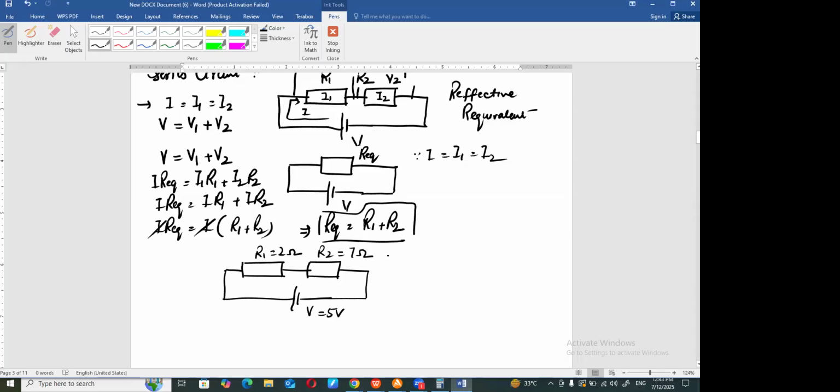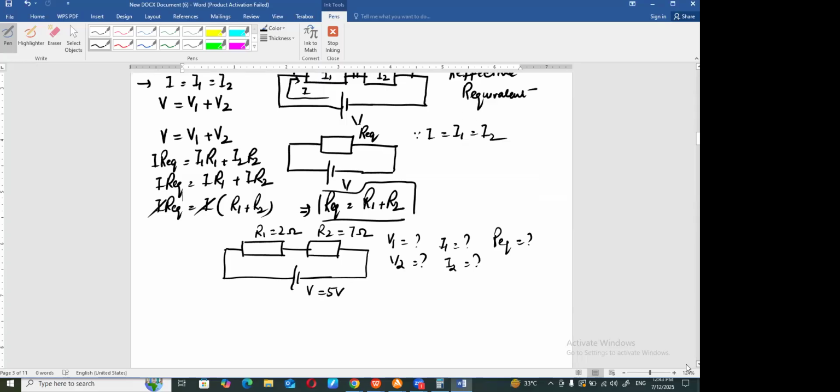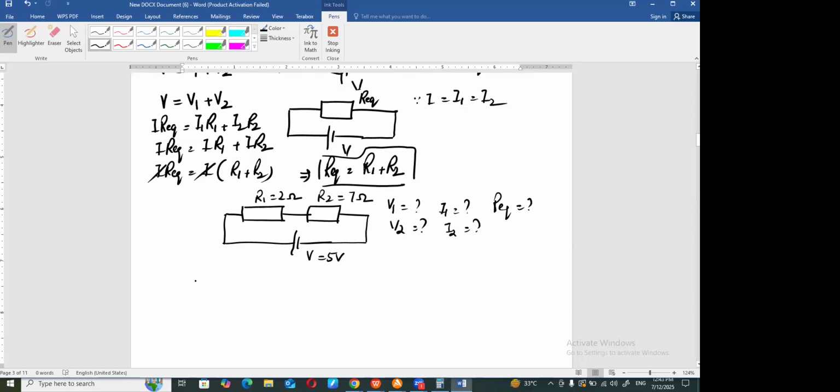Now, what you need to find out is V1, V2, I1, I2, and R equivalent. In these questions, the first step is to find the R equivalent, which is you just replace these two resistances by a single resistance, and the battery remains there. So R equivalent is equal to the sum, which is 9 in that case, and the battery is 5.